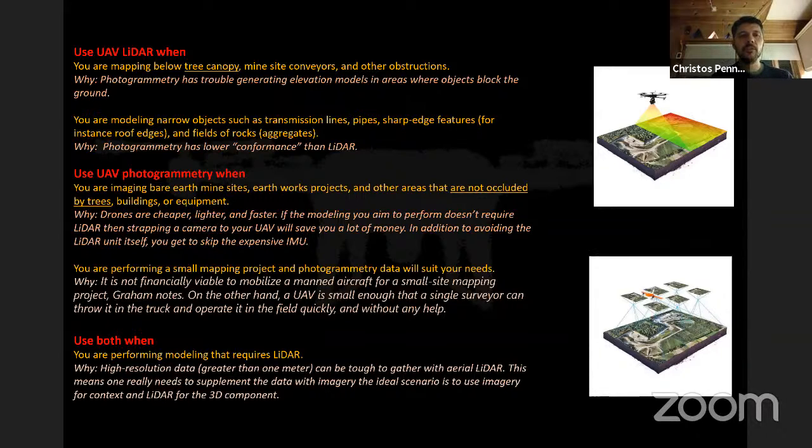Instead, we should use photogrammetry when we are imaging bare earth mine sites, earthwork projects, etc. And this is because drones that only have a camera are cheaper, lighter, and faster. And if the modeling we are aiming to perform doesn't require LiDAR or higher accuracy, that will save us a lot of money.